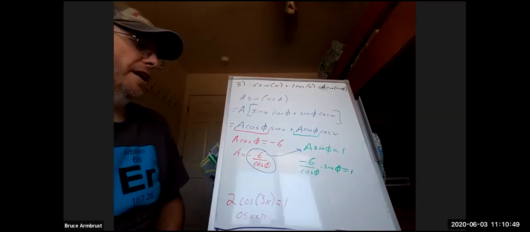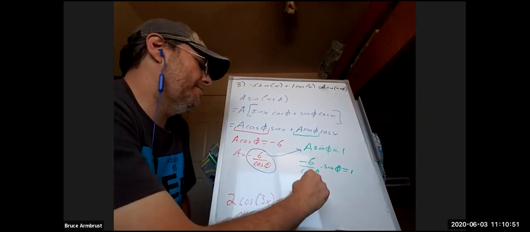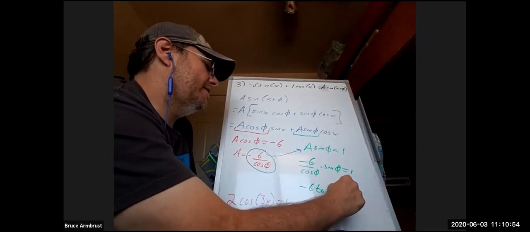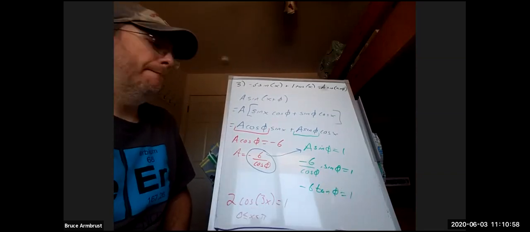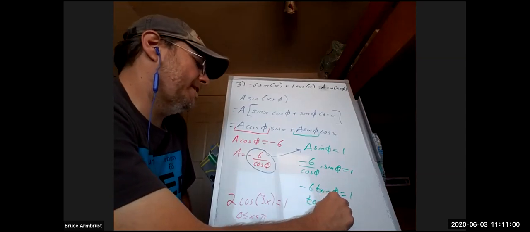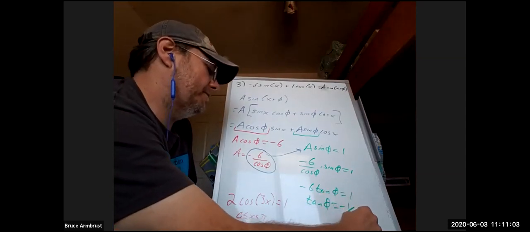Well, sine over cosine, I know that that's tangent, so I get minus 6 tangent of phi equals 1. So the tangent of phi is equal to minus 1/6.